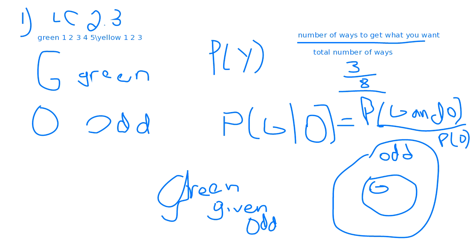We have 5. Yes, 5. No, we don't have 8. It's not coming out of 8 because we know it's odd already. So the mistake people are making is that they have to cut down the sample space to what's given.